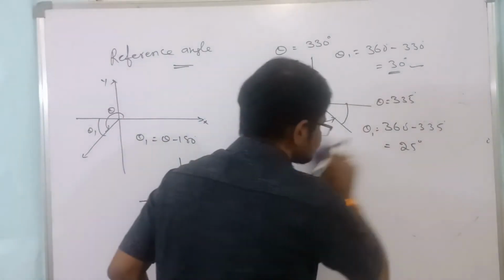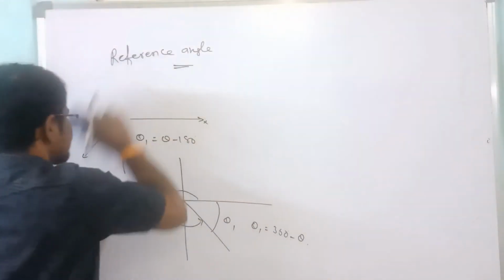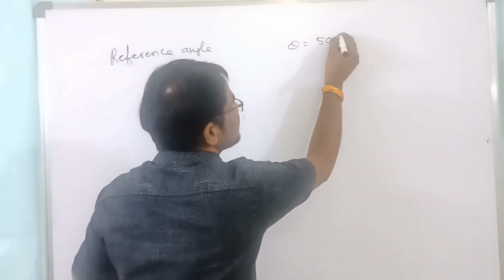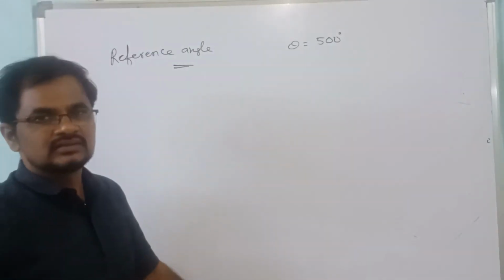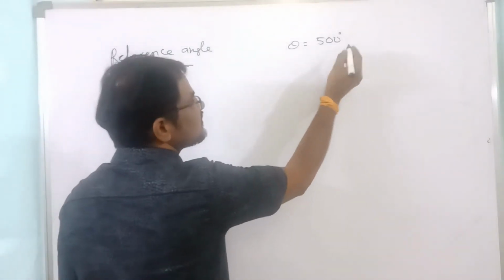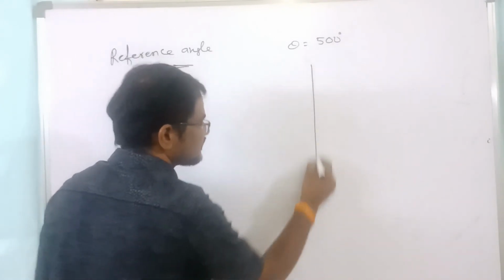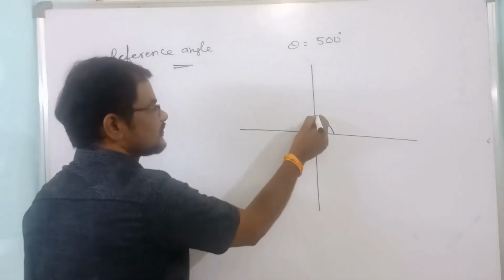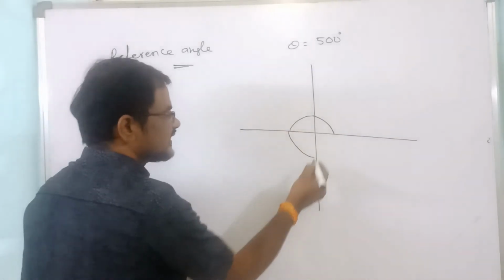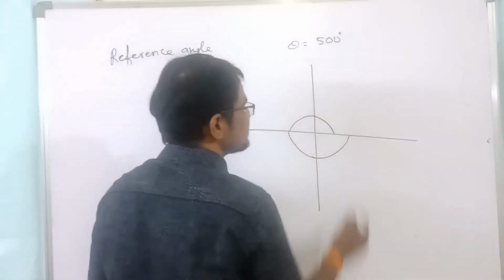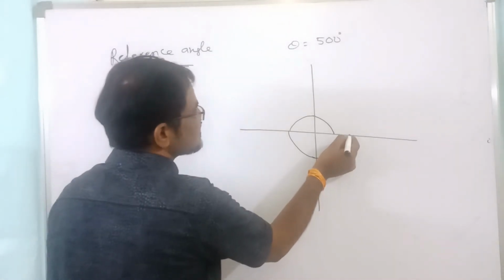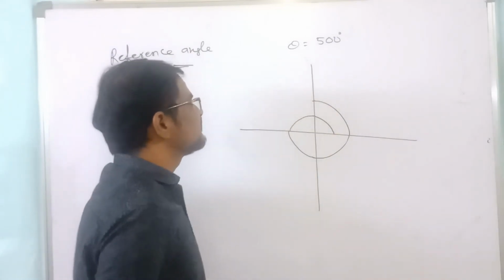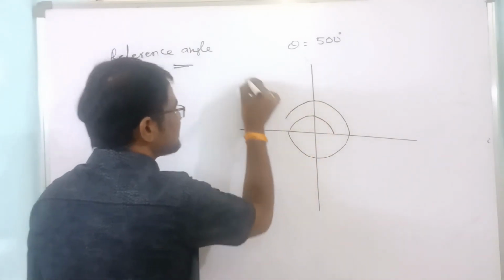Right. Now see here. Theta equal to 500 degrees. How to take the reference angle? So 500 degrees means, here in which quadrant first we have to identify. That is 90, 180, 270, 360, 360 plus 90, 450. 450 plus 50 means like this.